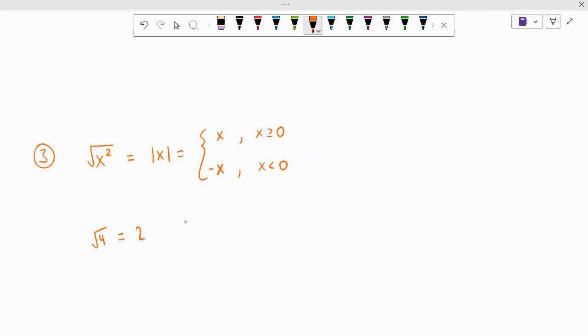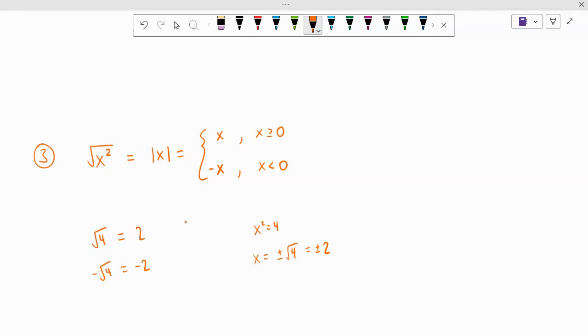In order to get negative 2 as an answer, you have to put a negative in front of the square root. Which is why, whenever you're solving an equation like x squared equals 4, if you want to get both solutions, you have to specify both the positive and the negative of 2 in this case, okay?